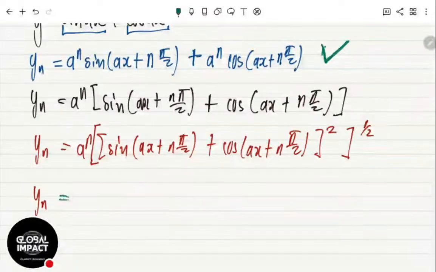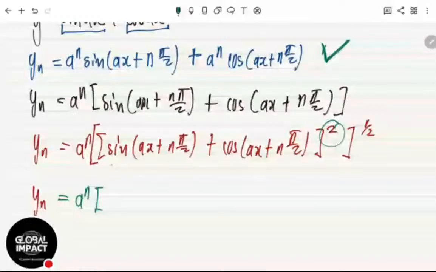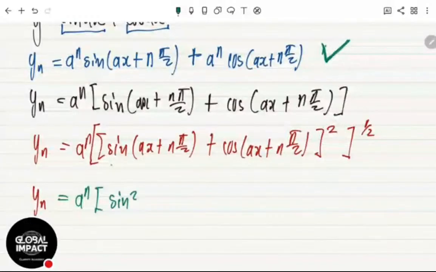Now, for the nth derivative in terms of one guy, you have a to the n outside. Now you're going to square this thing. We know how to do it when things are adding. You square the first thing, so this becomes sine squared of ax plus n pi over 2.